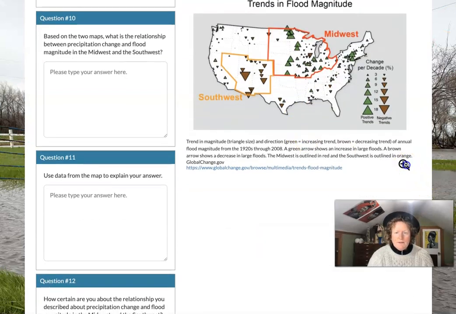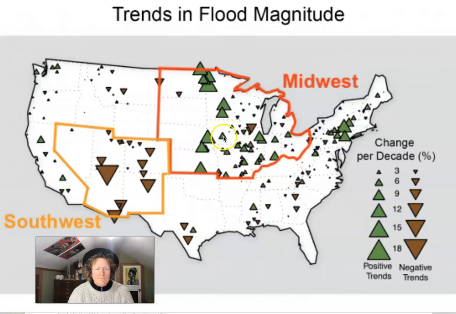Let's look at who's flooding and who's not. The Midwest has a lot of increases in flooding. There are some brown dots in some places, but mostly, especially in Minnesota, there are a lot of green triangles here, indicating there's an increase in flooding. Now we're getting more rain and we're getting more flooding.